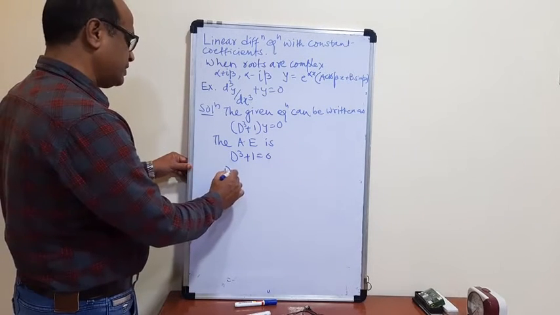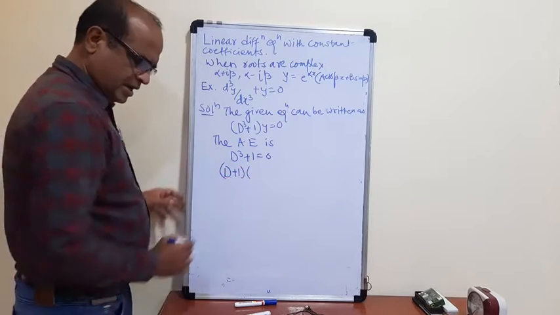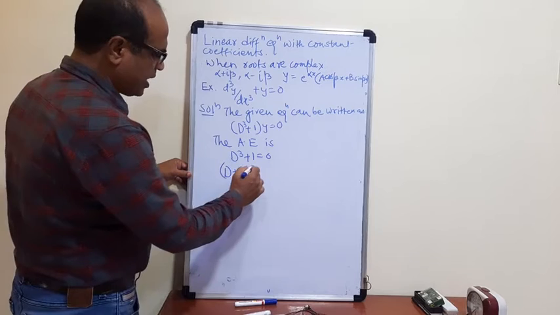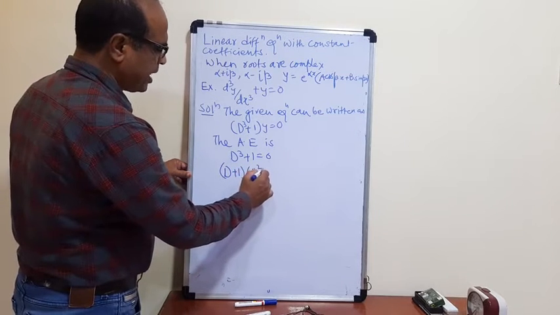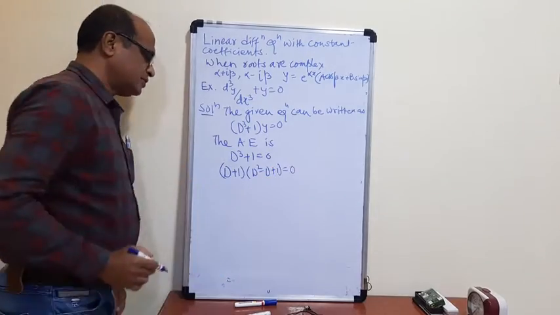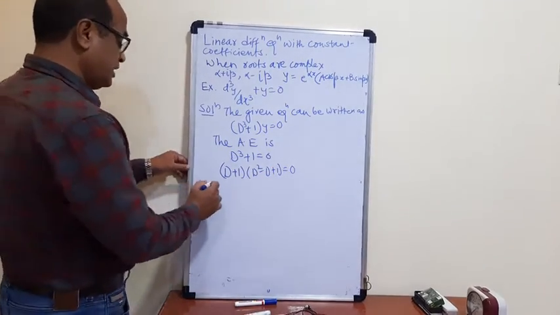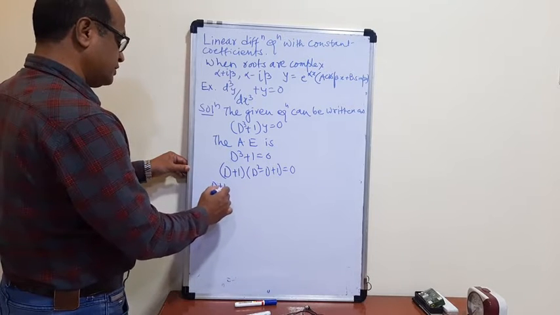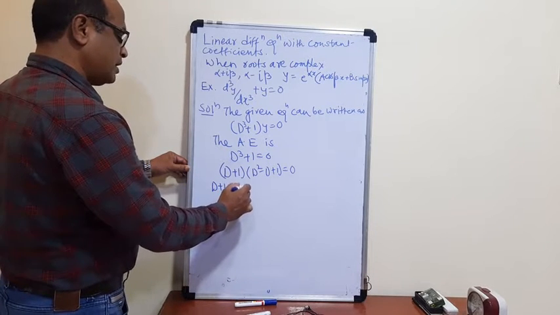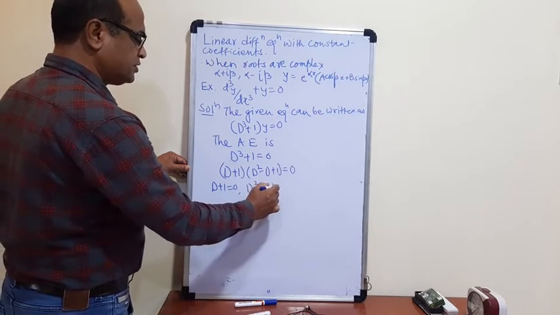This is a famous factorization: d plus 1 is a factor, into bracket d square minus d plus 1, is equal to 0. So that is d plus 1 is equal to 0 and d square minus d plus 1 is equal to 0.